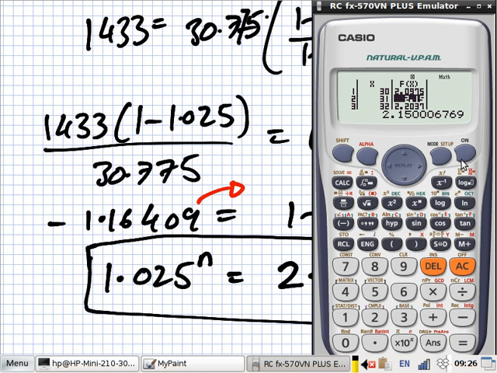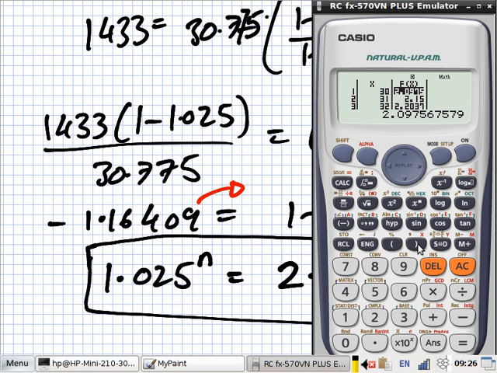Okay, watch again. Everybody watch. Mode table, 1.025 to the power alpha x. Enter. Start 30. Enter. End 40. Enter. Step 1. Enter. Now, is 30 too big or too small?